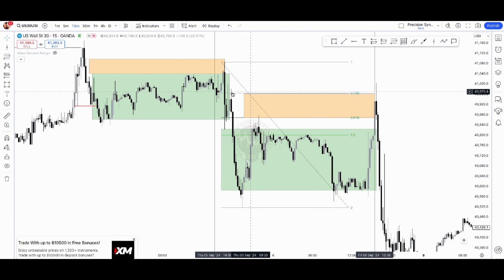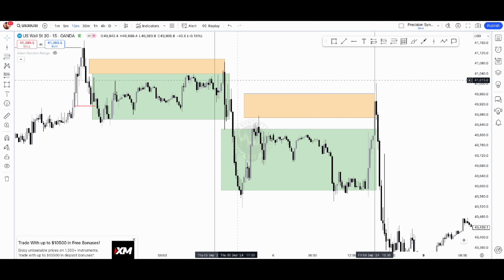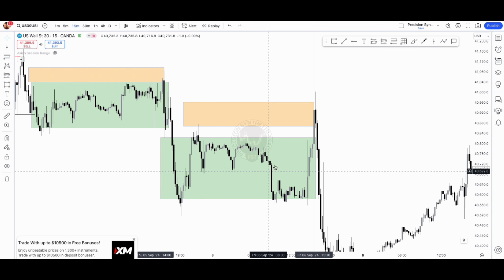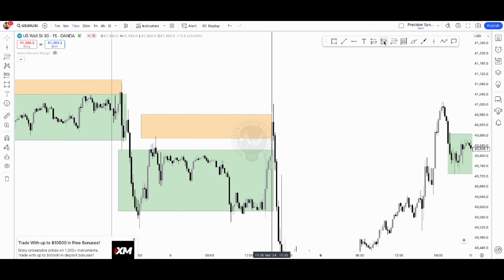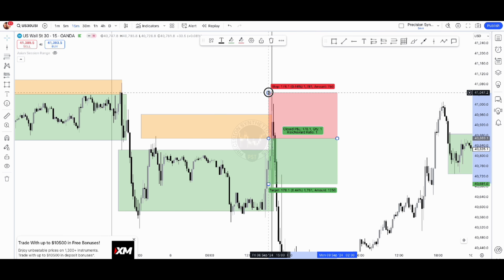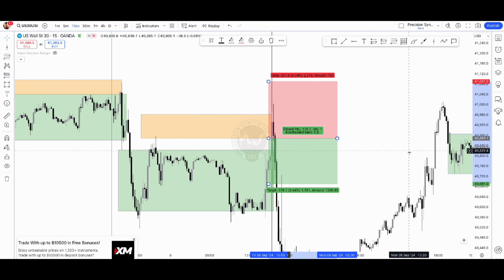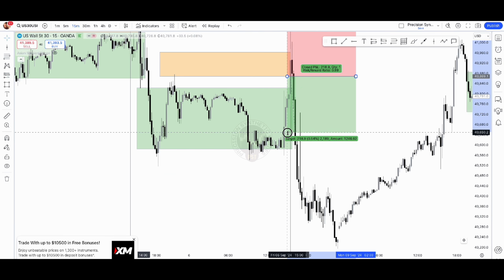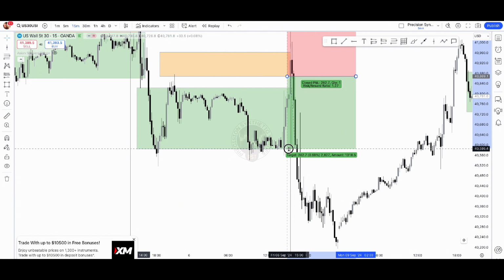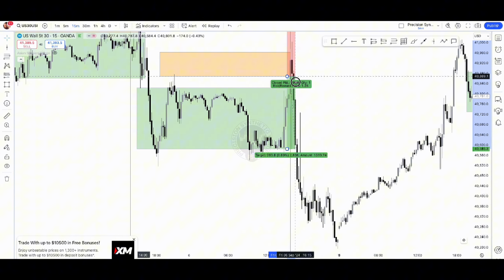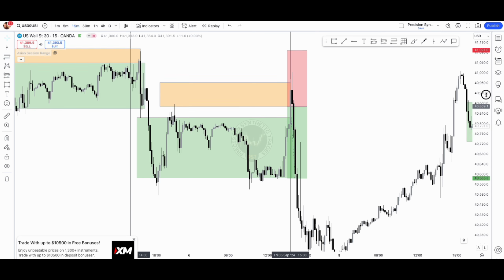As you can see, at 3:30 New York open, price accumulated, manipulated into our OTE level and distributed. And you can enter from there, OTE level, stops above this high here to be safe, and target the low of this box. And that's a nice 1 to 2.8 risk to reward trade.